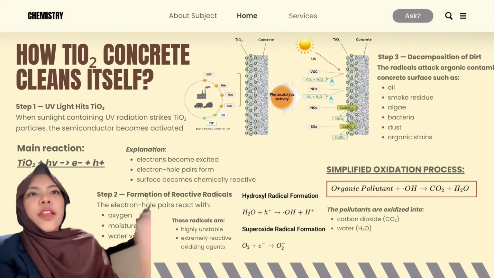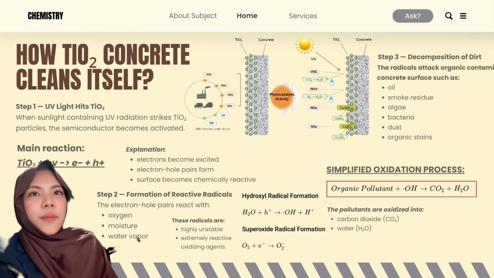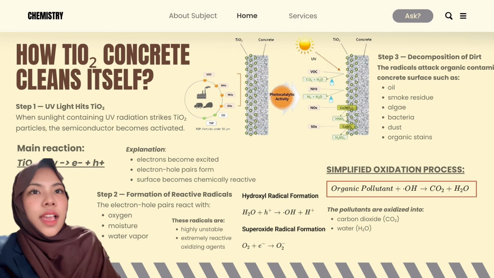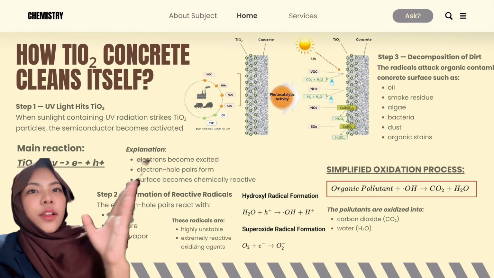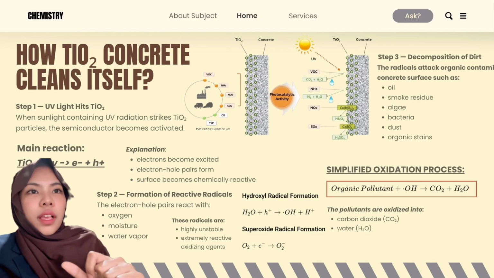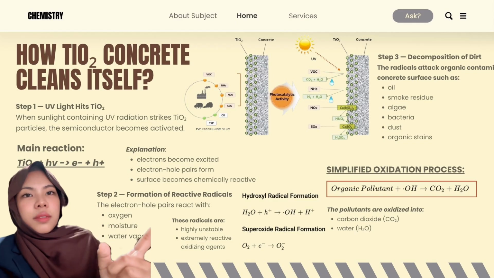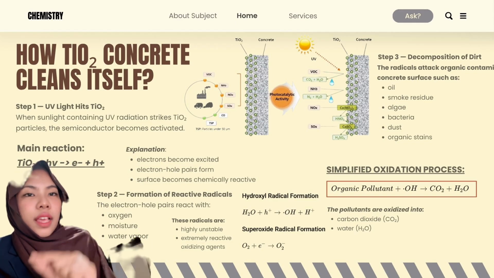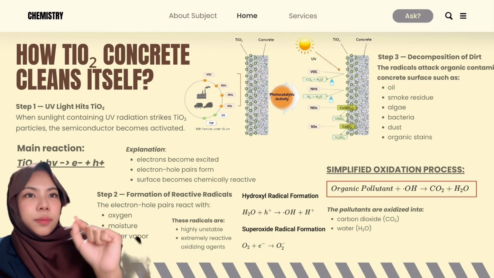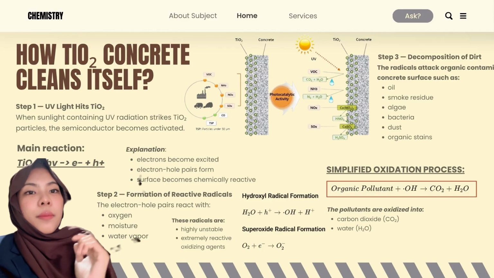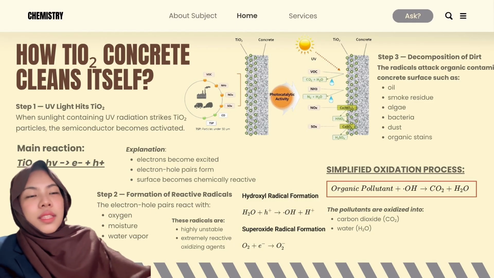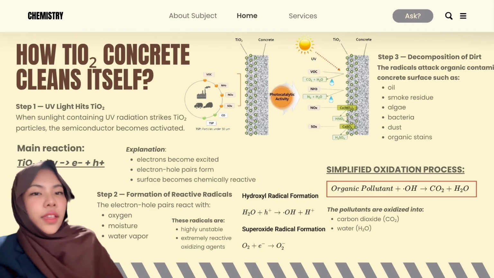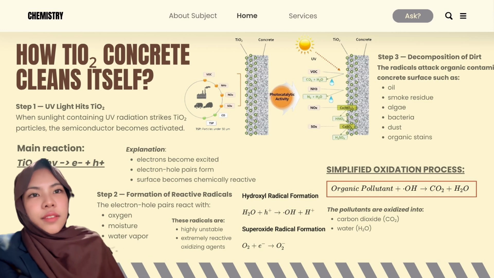This is how TiO2 concrete cleans itself. As you guys can see here, step 1 is UV light hits TiO2. When sunlight containing UV radiation strikes TiO2 particles, the semiconductor becomes activated. So the main reaction is TiO2 + hν becomes e⁻ + h⁺. The explanation is electrons become excited and electron-hole pairs form, and then the surface becomes chemically reactive. Step 2 is the formation of reactive radicals.